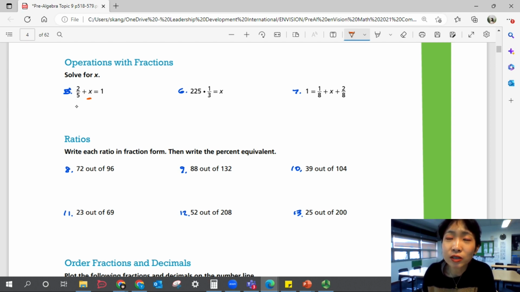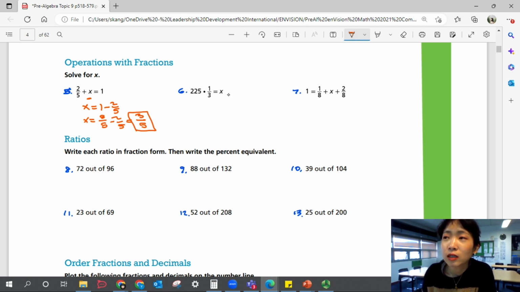That means you're going to subtract 2 over 5 on both sides. So you get x is equal to 1 minus 2 over 5. 2 over 5 minus 2 over 5 is 0, so you just have x, okay? And then how do you subtract a whole number and a fraction? You make the whole number a fraction. So make 1 into 5 over 5 so that you can easily subtract 5 and 2. You get 3 over 5. So x is 3 over 5.